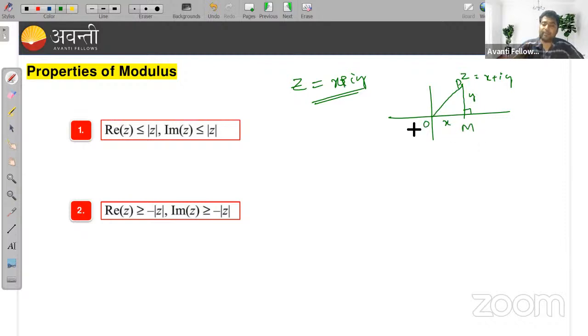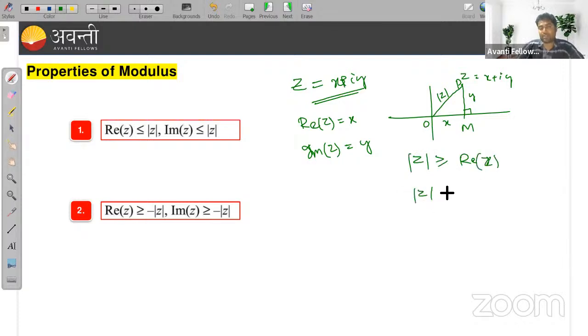Okay. So can you say, this is my mod Z, OP is my mod Z. So mod Z is greater than, what is real of Z? So real of Z is X. Yes or no? And imaginary of Z is Y. So from this figure, we can observe mod Z is greater than or equal to real of Z, X, and also mod Z is greater than or equal to imaginary of Z. Is it or not?